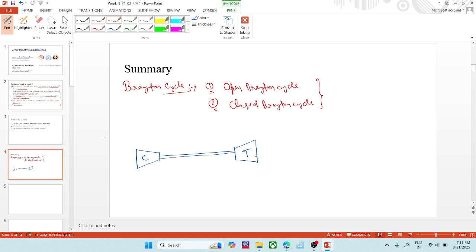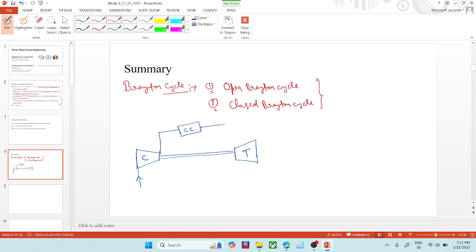Air enters the compressor from here, and the compressor compresses the air and sends it to the combustion chamber, which I will denote with CC.